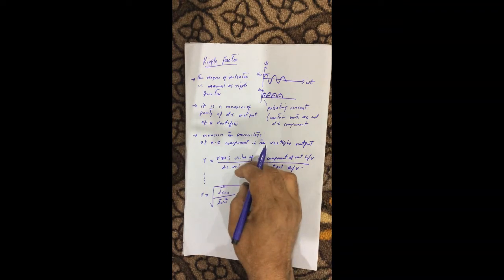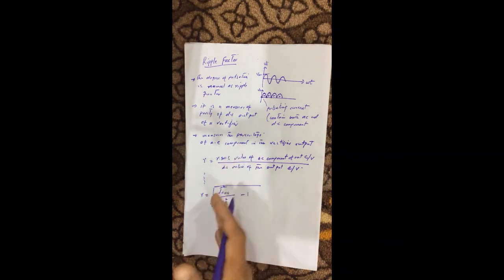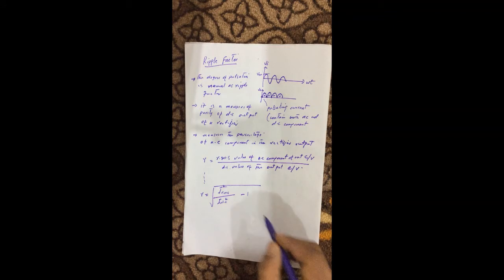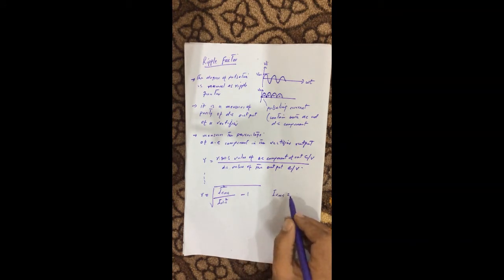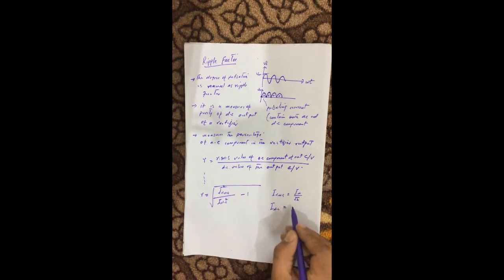There are many steps which I'm missing here, because we already did it in the case of the half wave rectifier, calculating the ripple factor for the half wave rectifier. We reached this point, this is one of the equations. Now in the case of the full wave rectifier, I RMS, the root mean square value of the current, is Im over square root 2. Similarly, the average value of the current, or DC output current, is given by 2 Im divided by pi, where Im is the maximum current or the peak value of the current.